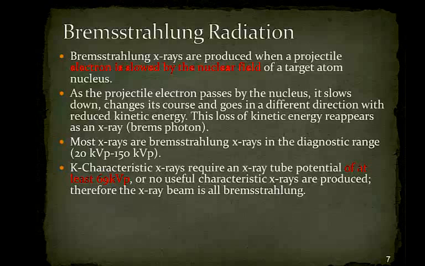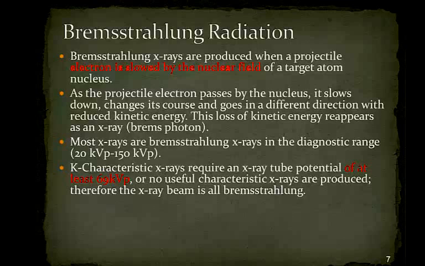As the projectile electron comes closer, the nucleus has a bigger pull, because it weighs a lot more than the electron itself, so it pulls the electron, it loses energy, and it slows down. It changes its course, goes in a different direction, and its kinetic energy is reduced.